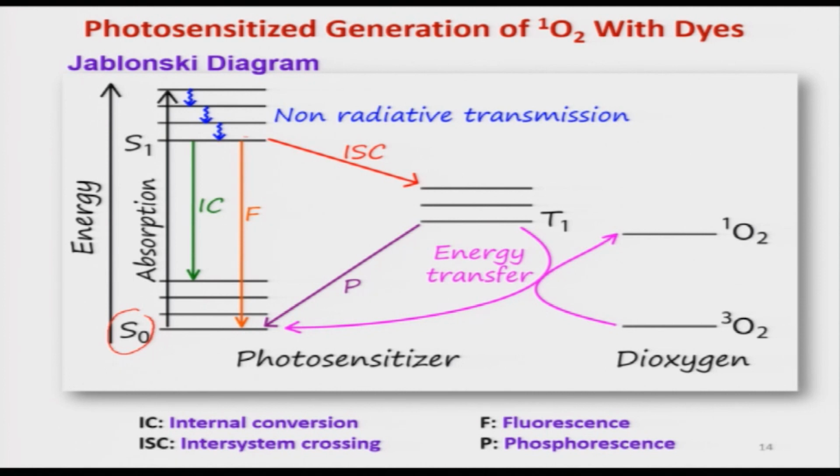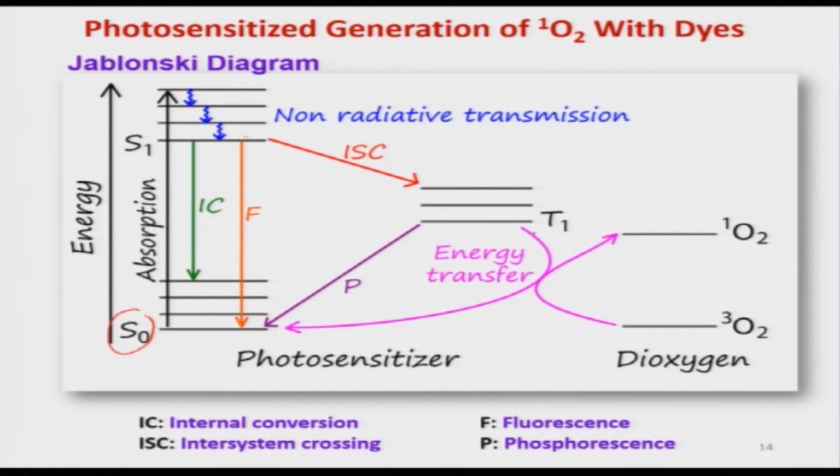However, via intersystem crossing, it can go to the triplet state, and then from the triplet it goes back to the singlet ground state. This is not a favorable transformation, triplet to singlet, so it is slow, and this is phosphorescence.